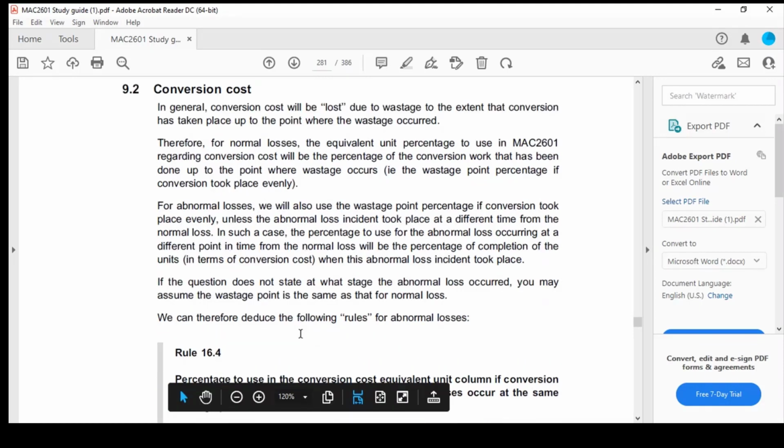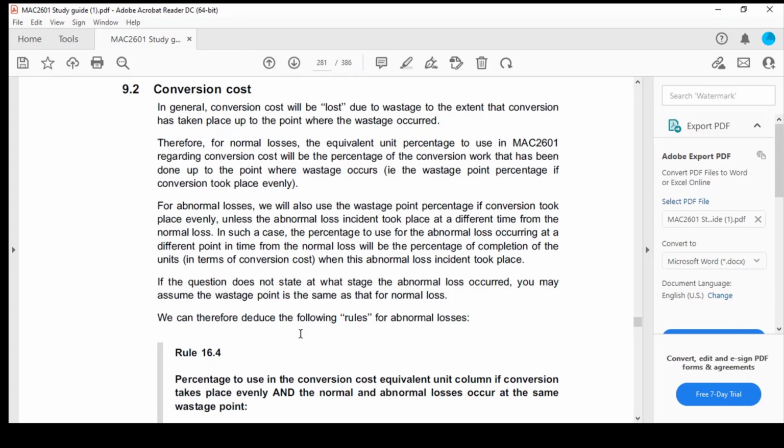Conversion costs. Conversion cost will be lost due to wastage, to the extent that it has taken place at that point in time when wastage happened. So for this course, regarding conversion cost, it will be the percentage of the conversion work, the percentage of completion. For abnormal loss, you will use the wastage point percentage if conversion is taken evenly.